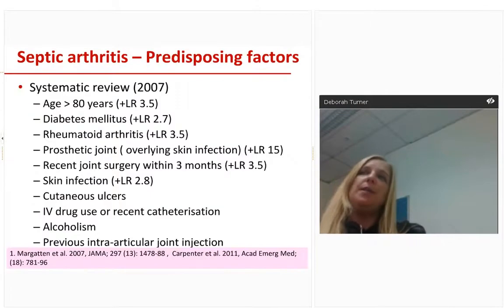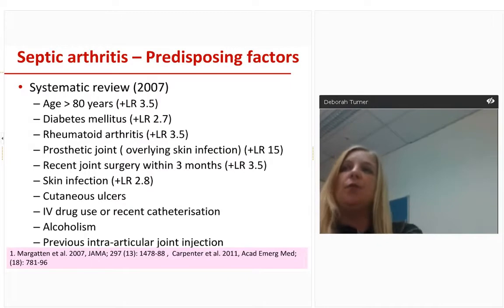So in terms of what we know about the predisposing factors, well, there has been a systematic review which has looked at the literature and looked at determining the likelihood ratios. And generally, I think one of the key areas that we need to consider is where we see our highest likelihood ratio of 15 in those that have a prosthetic joint with an overlying infection of the skin.